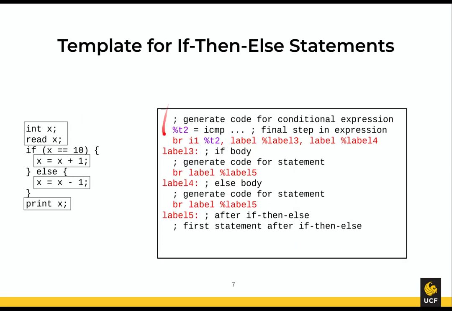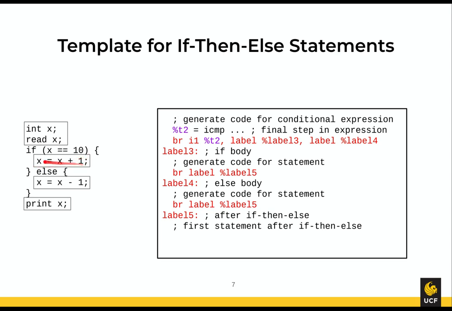So just like before, we have the code for conditional expressions being generated and returned into some temporary register like T2. Just like before, we generate a branch. But this time, the branch still needs to take 2 labels. One for when the condition is true, and one for when the condition is false. In this case, the semantics of this if statement are that these 2 blocks are mutually exclusive.